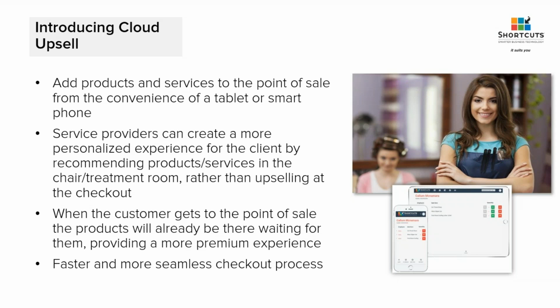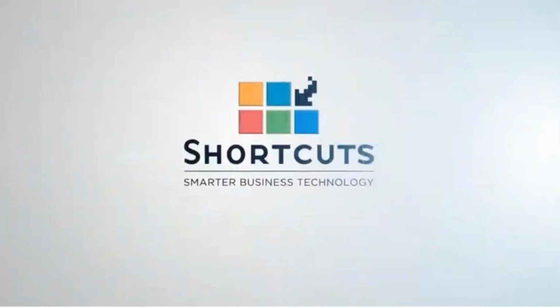So if the stylist, or whoever the customer is with, recommends very specific products, like, I love this conditioner, it's going to work great with your hair, or this shampoo is perfect for dry hair, and the customer says, yes, I'd like to try it, that employee can bring up a tablet or their phone, find the item, and add it to their ticket so that when the customer is checking out, those items are waiting for them at the front desk.